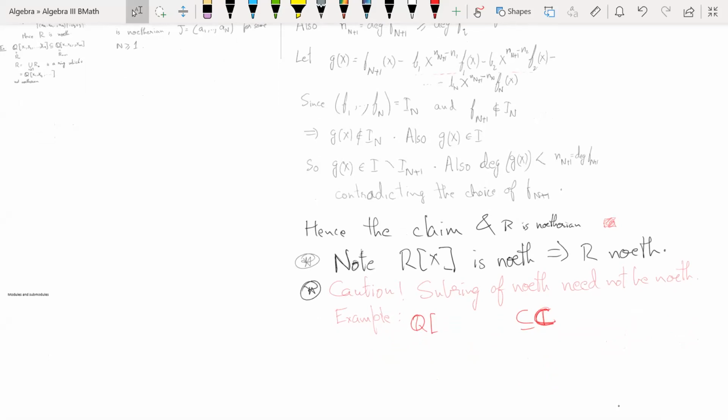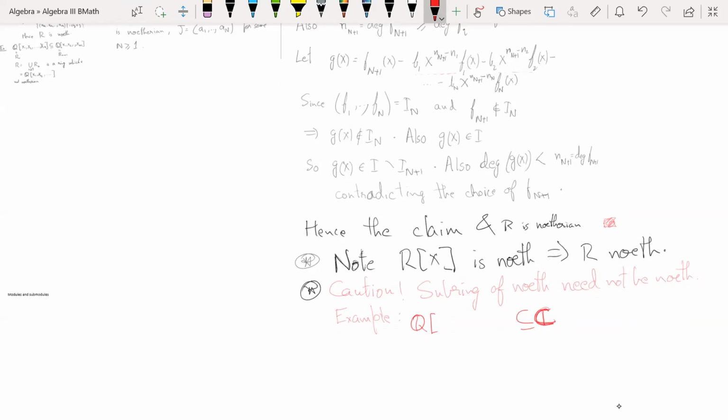But if you are willing to assume the transcendence of certain numbers, that will require some analytic methods. But anyway, the point is, there are many elements in C which are not algebraic.